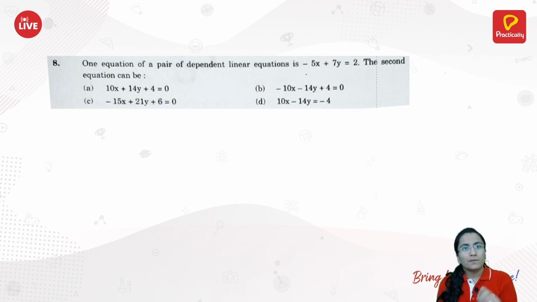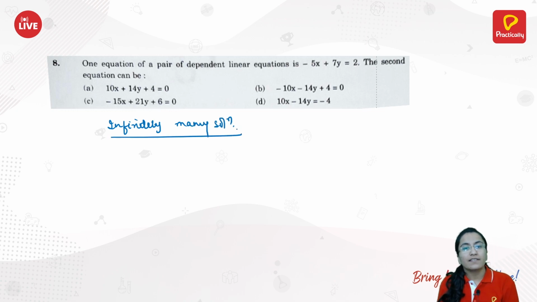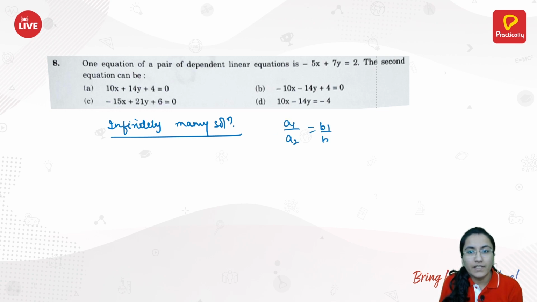So you just need to find the ratio, or multiply it with some number so that you can find the equation. So we can go by the condition that it must have infinitely many solutions. So let's put the condition we need: A1 by A2 equals B1 by B2 equals C1 by C2. This is what we need.